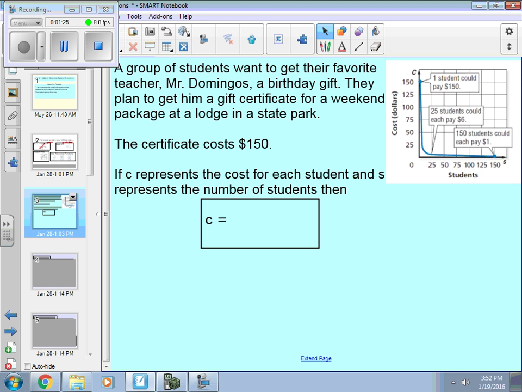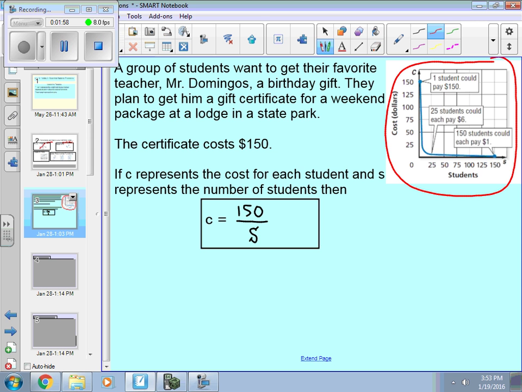If C represents the cost for each student and S represents the number of students, then our equation would be the $150 they have to pay divided by the number of students, which would be S. So whatever we get when we take 150 divided by S, that would be the graph. If you were to then graph this out, you would get a graph that looks something like what we have up here.